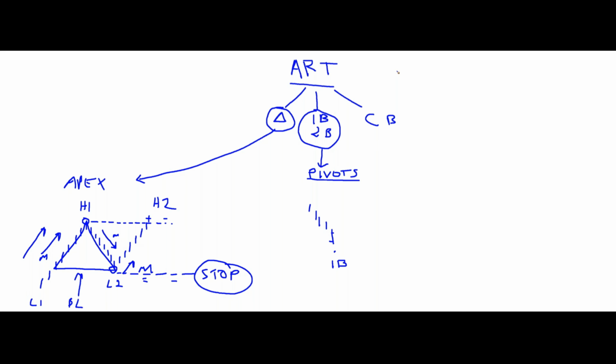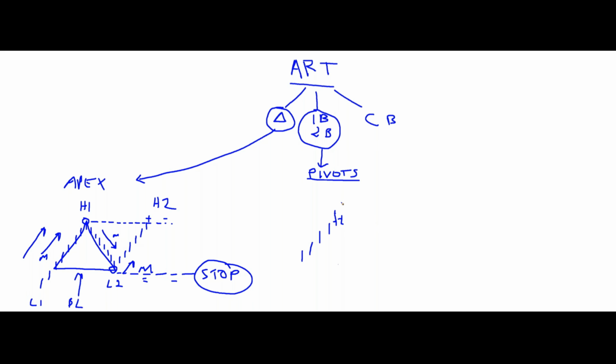All right, now let's cover a 2B, okay? And then I'm going to talk about a few variations on top of that. So the 2B is one that comes up here like this. This is a bullish bar, so it can't be a 1B, but then we get something maybe like this that's bearish.